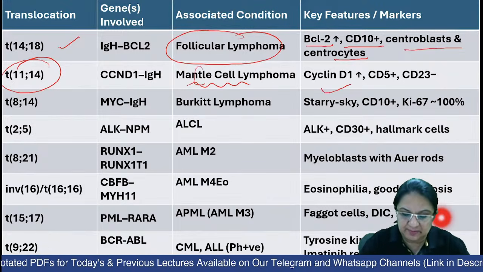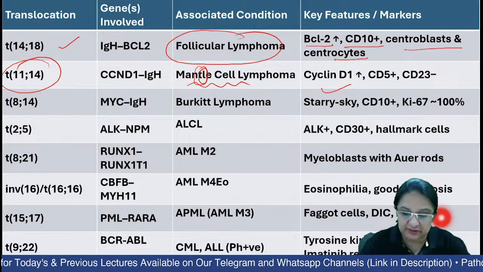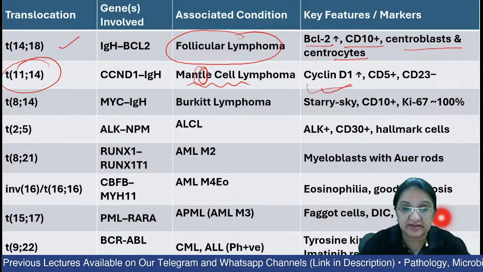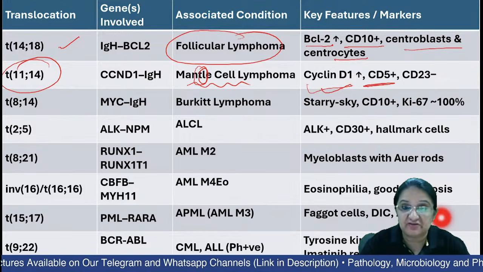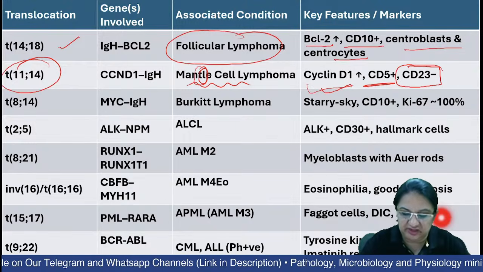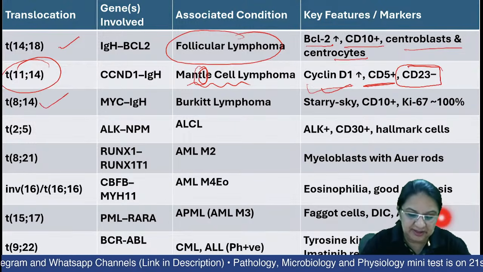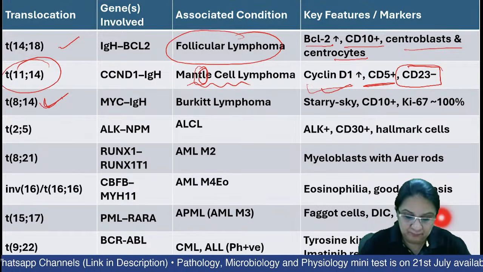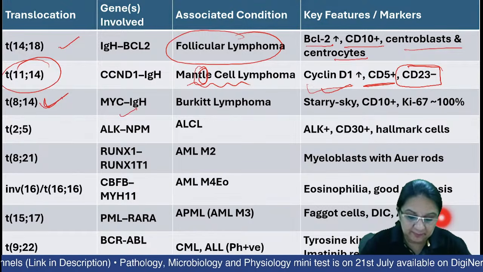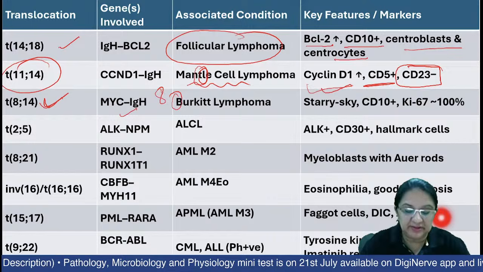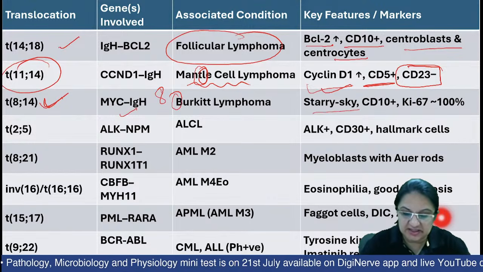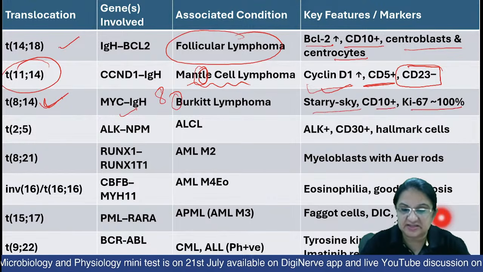Just see TL looks like 11, 11, 14. Boys go mental, go cycling: cyclin D1 positive, CD5 positive, but CD23 negative. 8, 14, Burkitt, B looks like 8. Starry sky appearance, CD10, KI67.